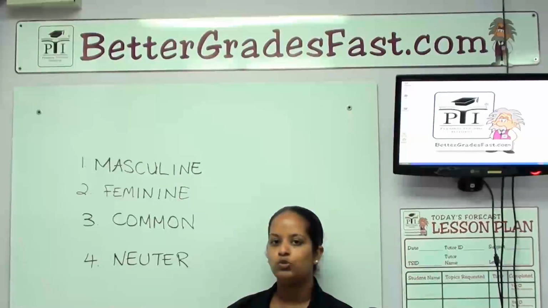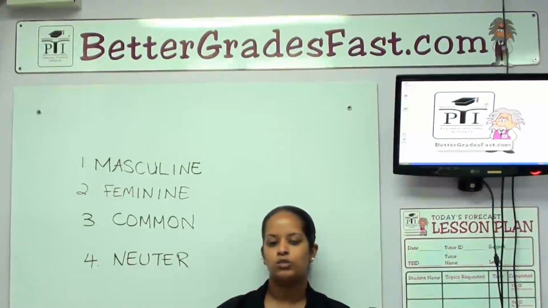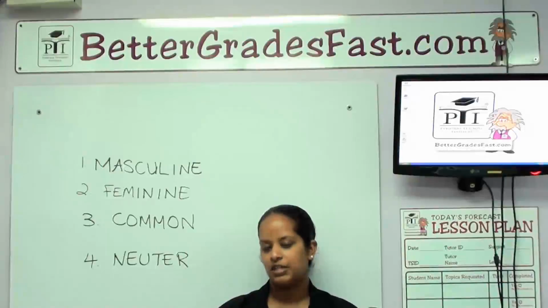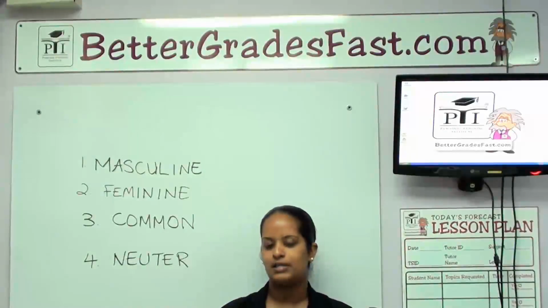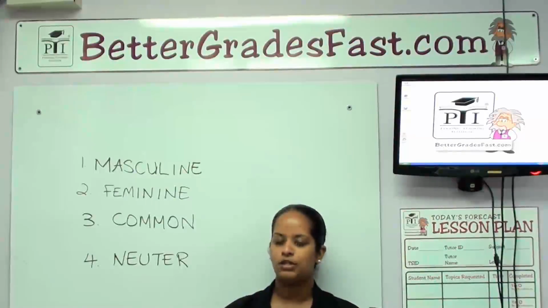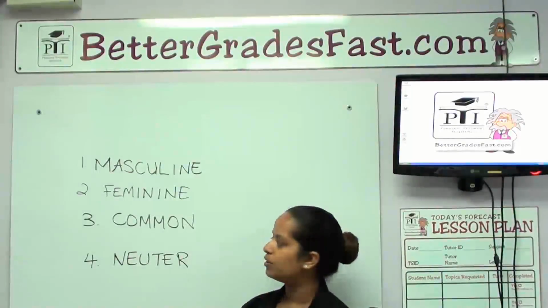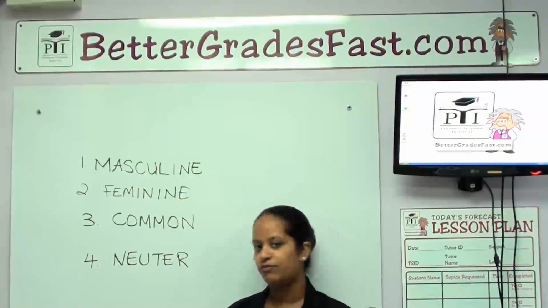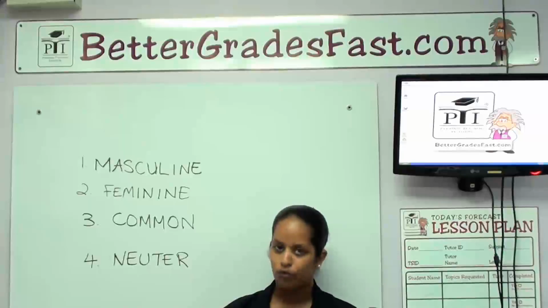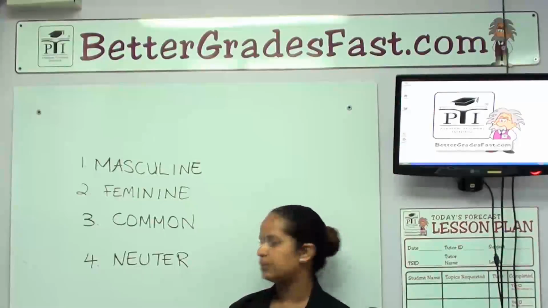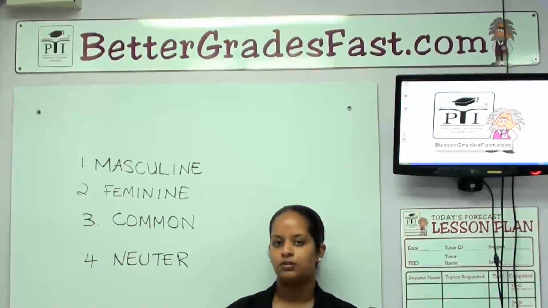And finally, neuter, which are words which tell you about things that have no life, otherwise known as inanimate objects. Any noun that you can think of falls into one of the four categories shown here. If you think of a noun right now, you can put it in one of these four categories.